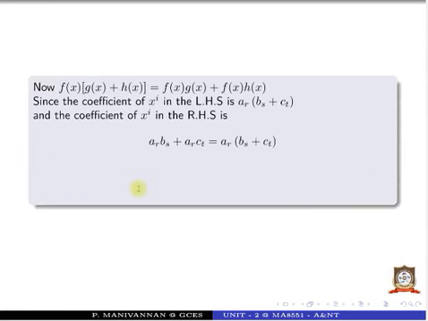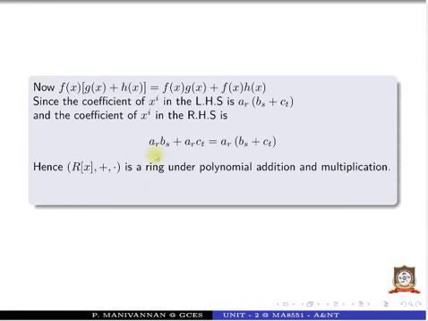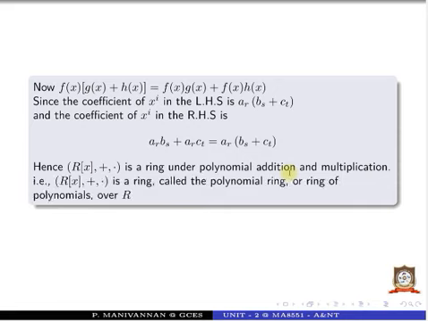But in this slide the values need not be the same. Hence, R of x comma plus comma dot is a ring under polynomial addition and multiplication. It is an important result. This ring is called the polynomial ring, or ring of polynomials over the ring R.